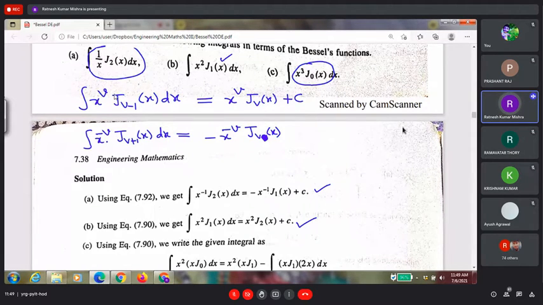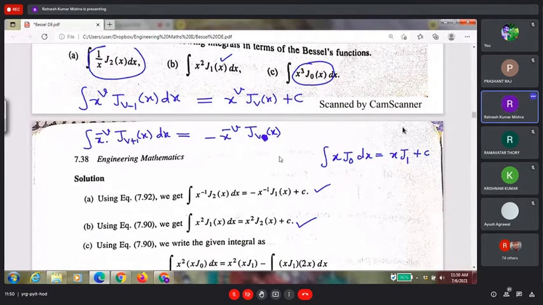We will find x J naught by the first formula. In this one, substitute v equal to 1. So the integral of x J naught dx equals x to the power v, that is x, and this is v equal to 1, so J1 plus constant of integration, which is just a constant.